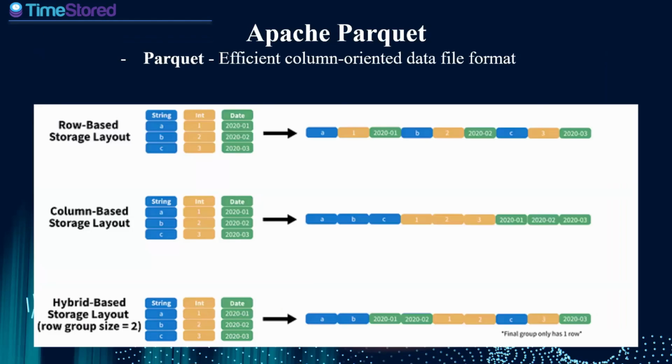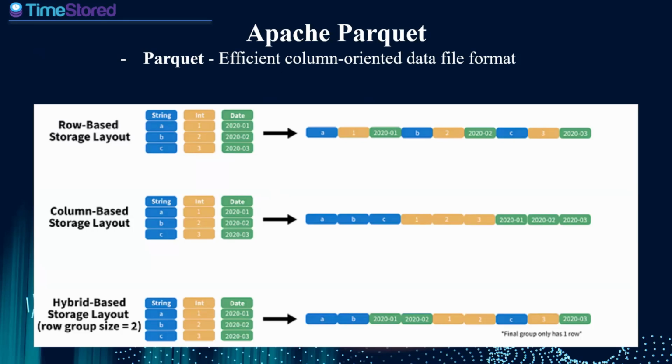Okay, so to give you a slight description of what Parquet is: it's an efficient column-oriented data file format. I believe it originated from Hadoop. There was a similar one called ORC, but Parquet has pretty much become the standard. On the top is row-based storage layout, which standard databases use. Column-based in the middle is probably what you're more familiar with, for example in KDB, where it stores the column sequentially, and in KDB it's actually separate per file.